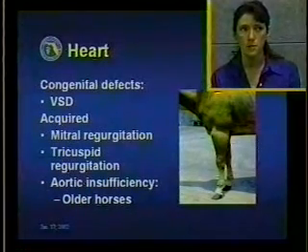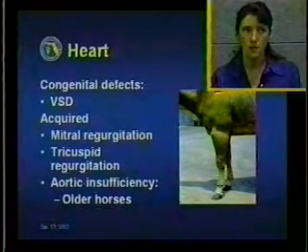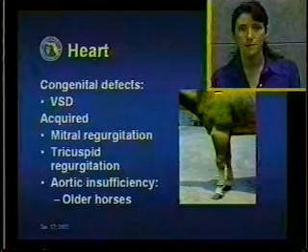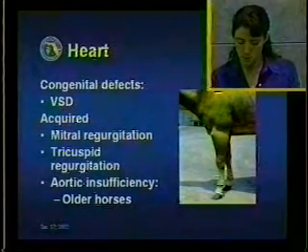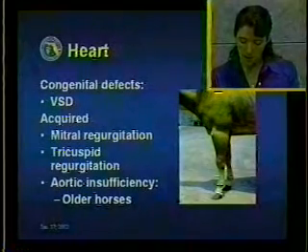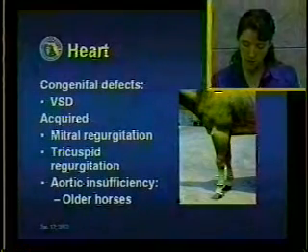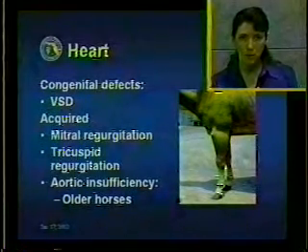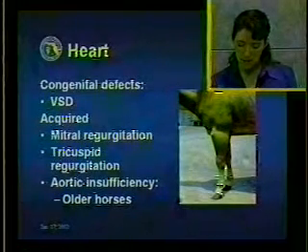This horse was presented for poor performance and cough and turned out to have a very severe edema over its legs, ventrum and below its thorax, which are signs of congestive heart failure. In tricuspid regurgitation, the murmur will once again be holosystolic, covering the whole systole, and will be more obvious on the right side over the cardiac apex.